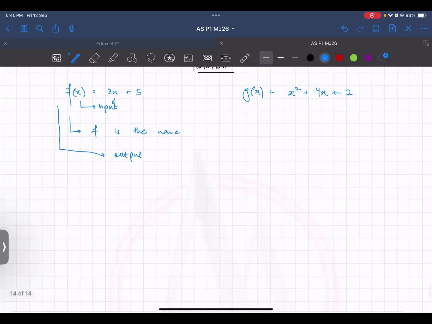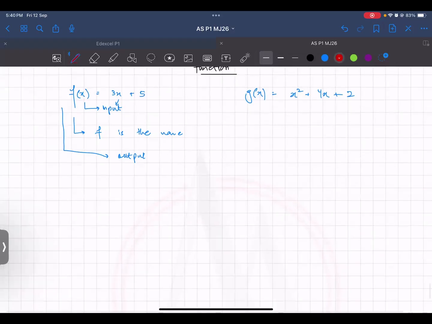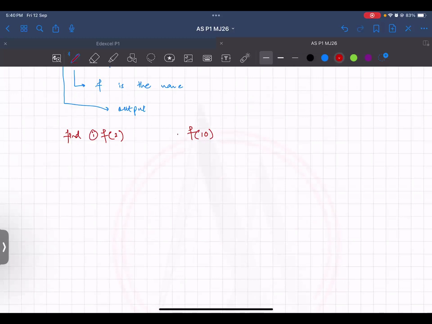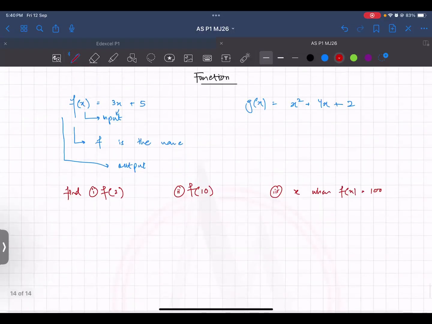Okay, and what we did in the IGCSEs or O levels, they would ask you to find F2, or they would ask you to find F10, or they would ask you to find X when Fx is, let's suppose, 100. So what you used to do, F2 is what they have given you, the function input, F2.